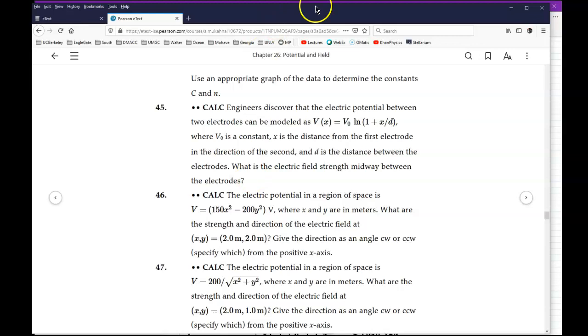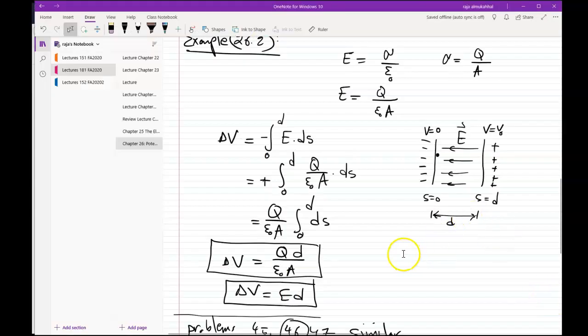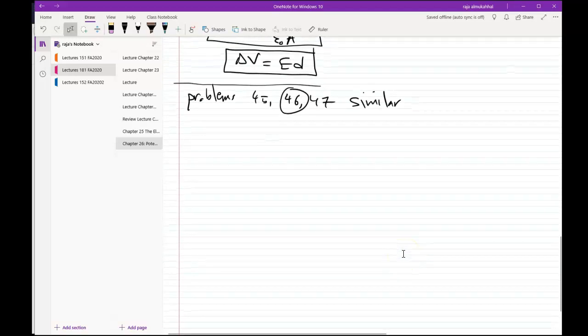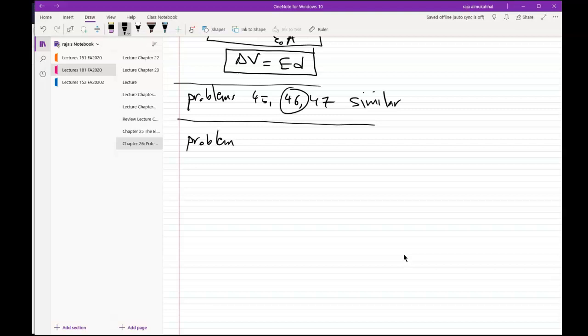All right. So what's given to me here is that the potential function V of x is equal to, I'm copying it from my hard copy here, V naught natural log of 1 plus x over d.